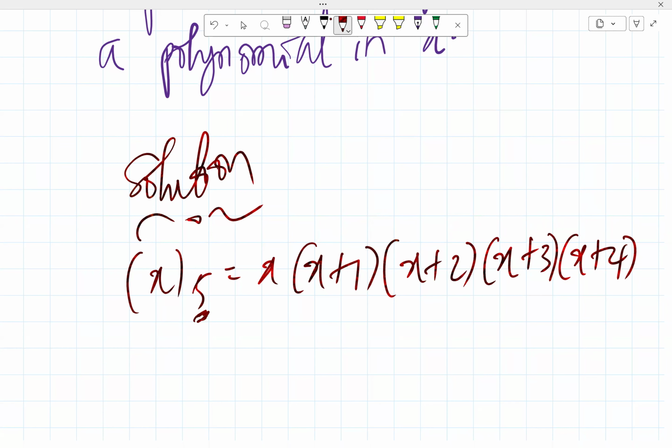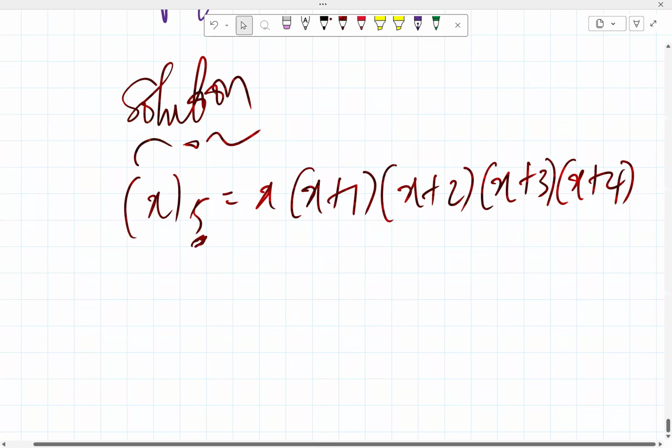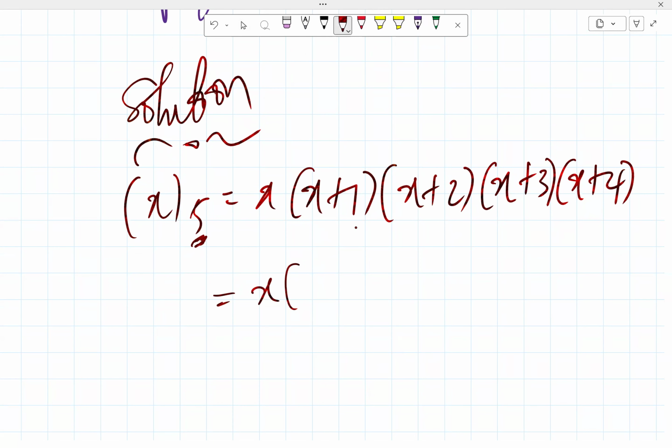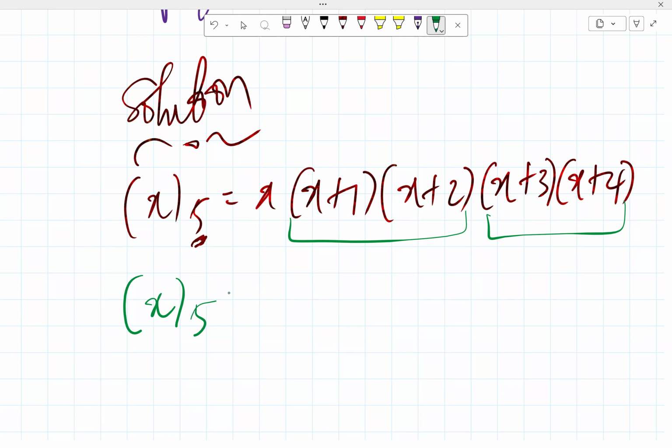With that in place, we start multiplying. Let's do the multiplication by grouping, so let's do this and this separately. So we have x sub 5, the rising factorial.